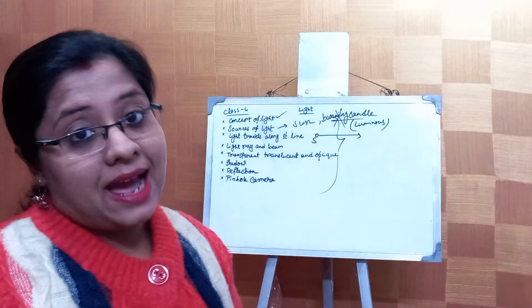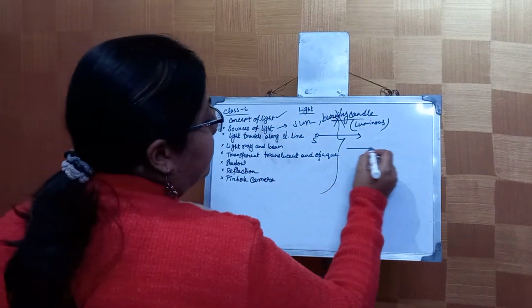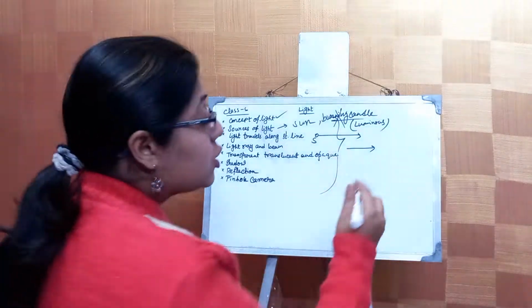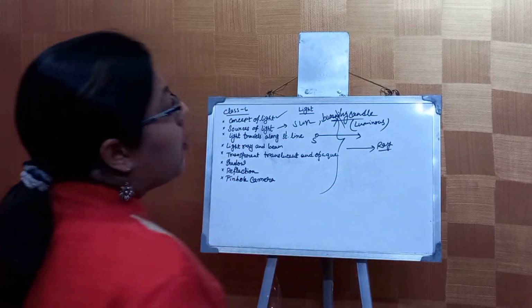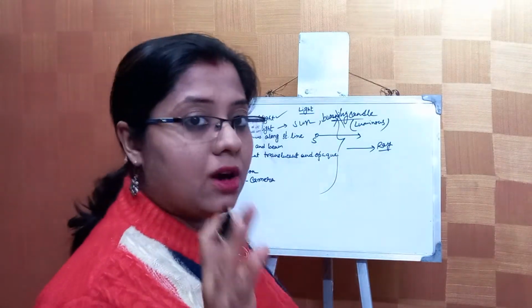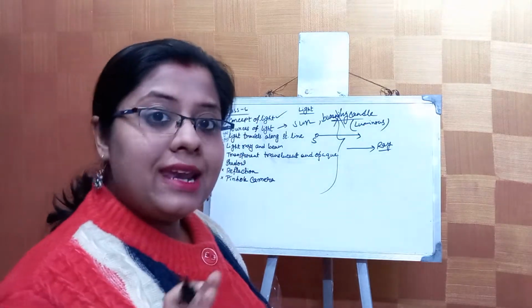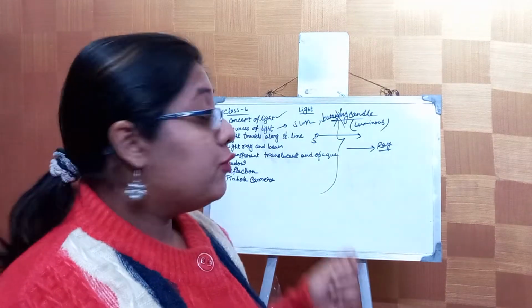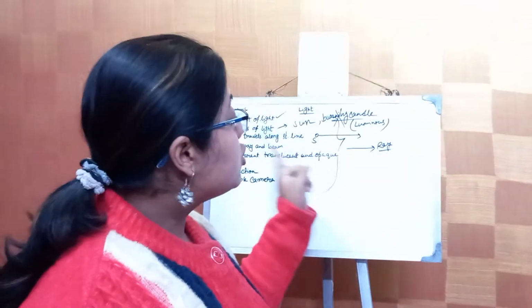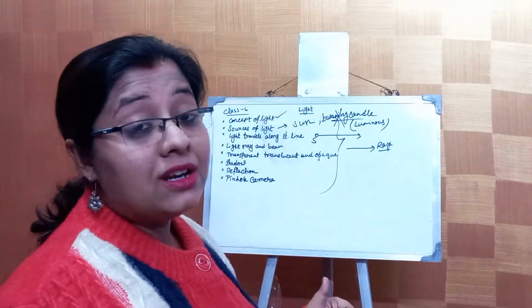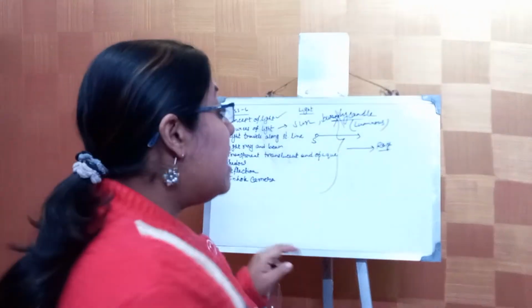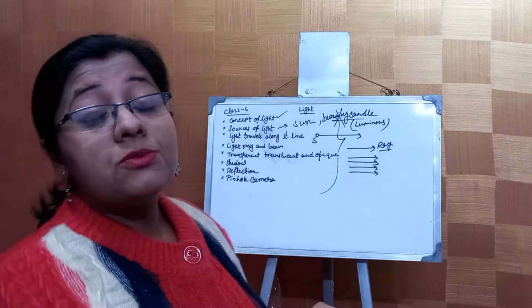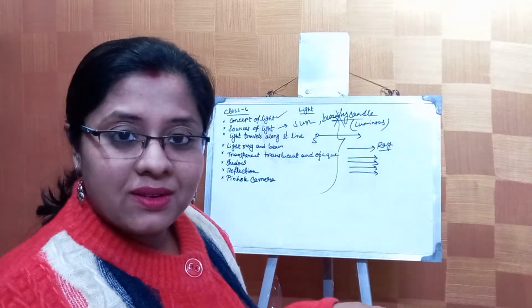Next, light ray and light beam. So see, this is called light ray. When I draw one single ray, this is called a ray. Fine. According to our geometrical idea, we have the common concept of line, ray and line segment. So this is a ray. Always we denote the path of light with the help of ray. So if I draw only one single ray, this is called light ray. Now, suppose more than one ray I am drawing here.